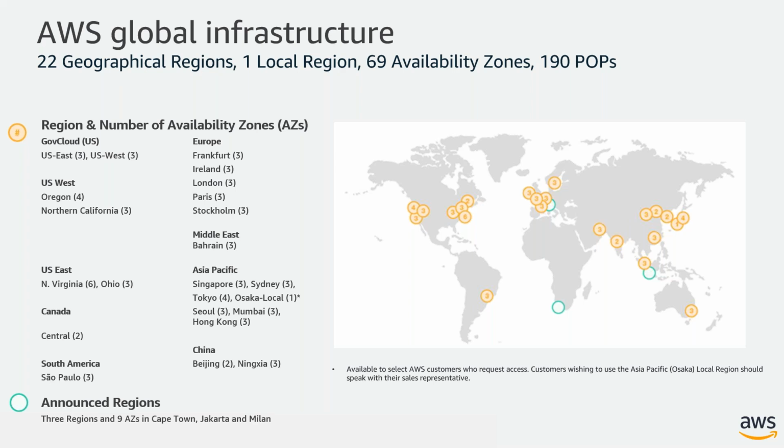We don't do availability zones within a building or within a rack. So they're separated from failures by a meaningful distance, and we have 3 additional regions that we've announced, as well as 9 additional availability zones that'll be coming soon.